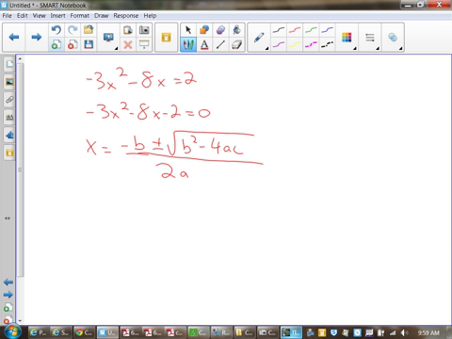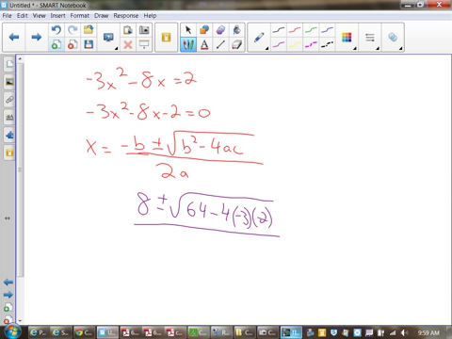Fill in the blanks. Opposite of b, so it's 8 plus or minus the square root. 8 squared is 64 minus 4 times negative 3 times negative 2, all over 2 times negative 3, which is negative 6.